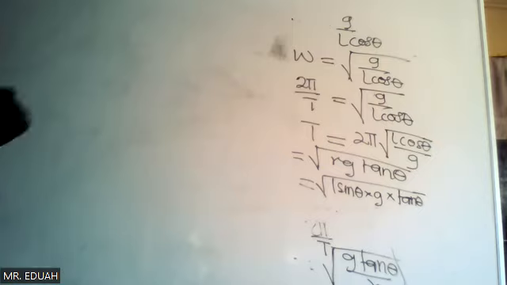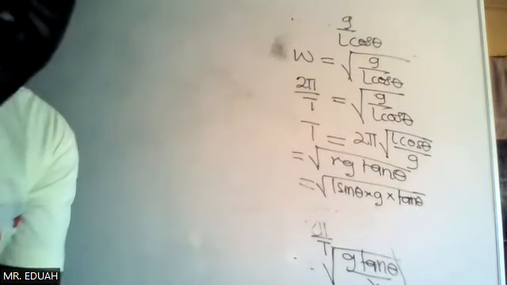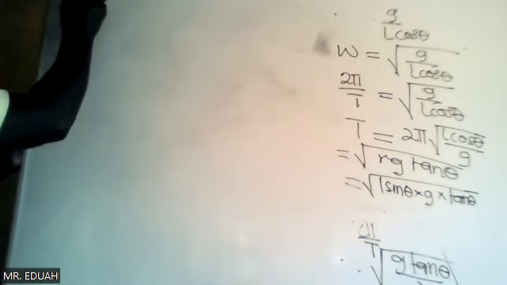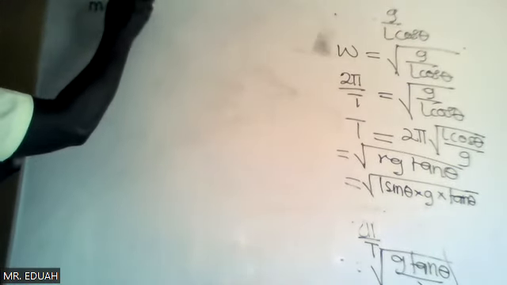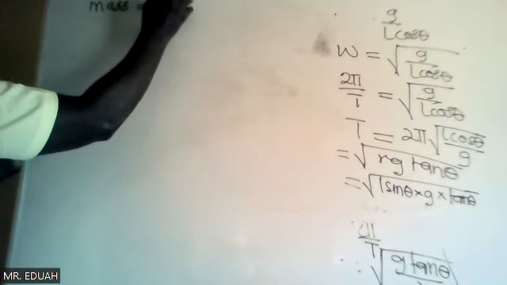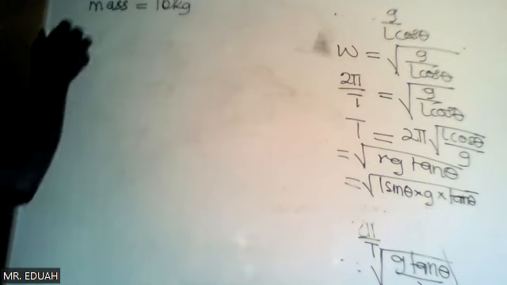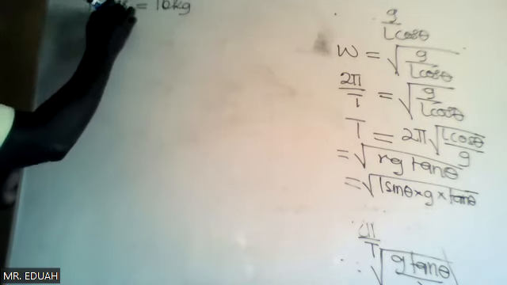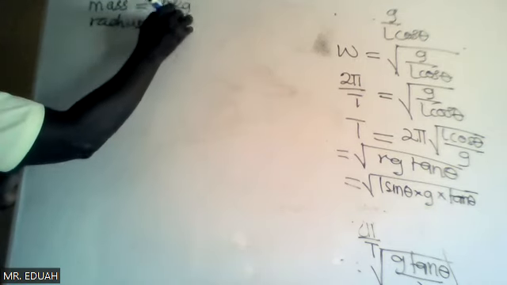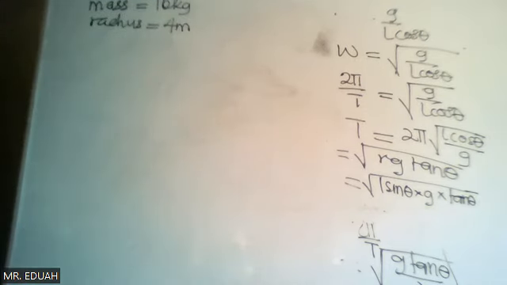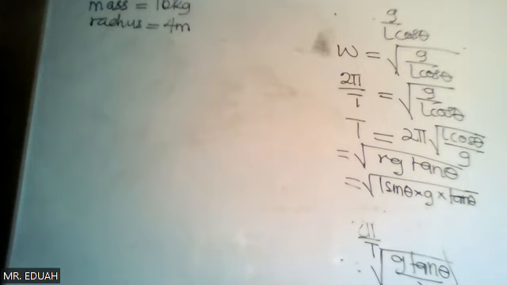We are told the mass of the object of the pendulum is 10 kilograms, and it's whirled round a horizontal circle of radius 4 meters by a revolving string inclined to the vertical.